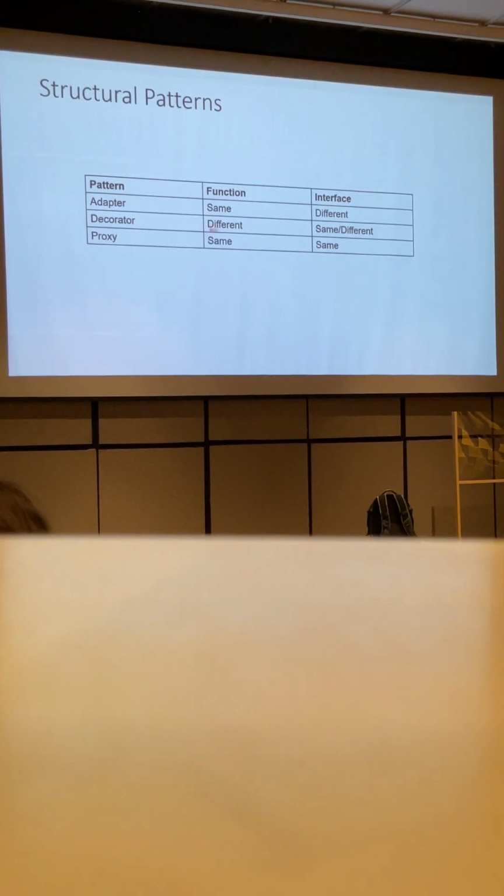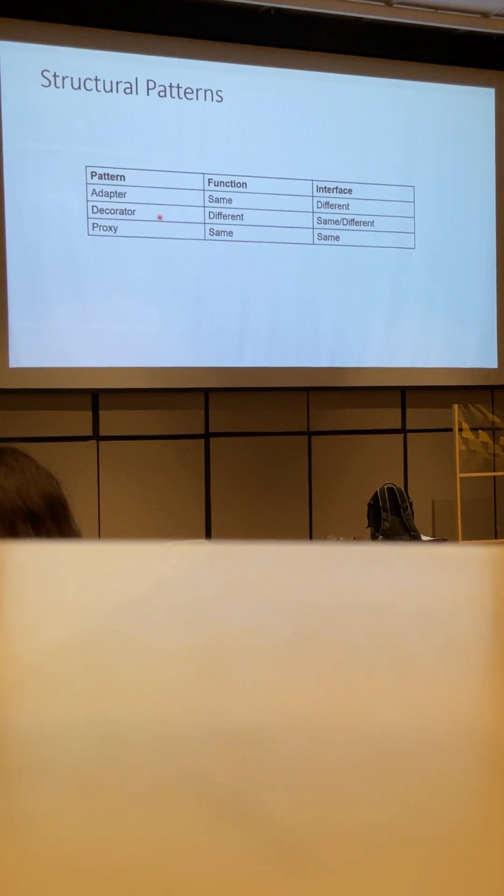So you're not adding any functionality to the graph. You're just matching the expectations of the client. So that's adapter. All right, what if the functionality is altered, but the interface is the same? It's called a decorator, okay?